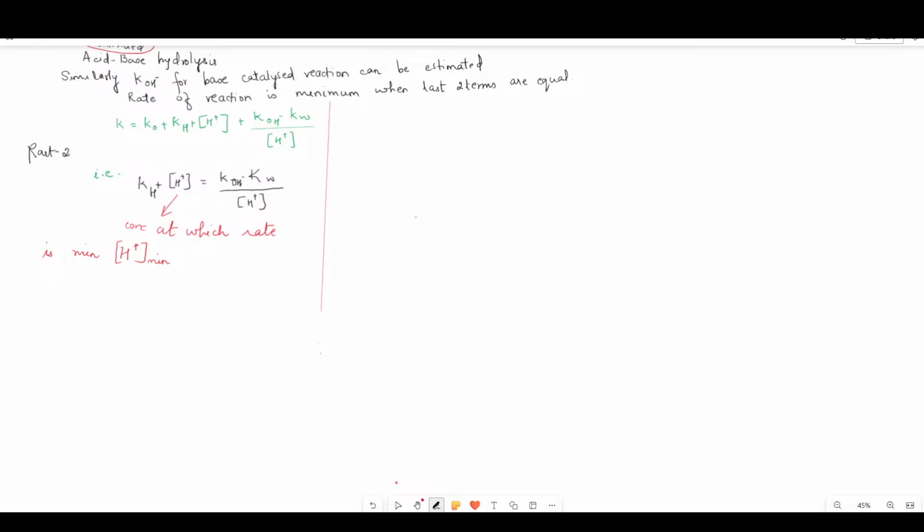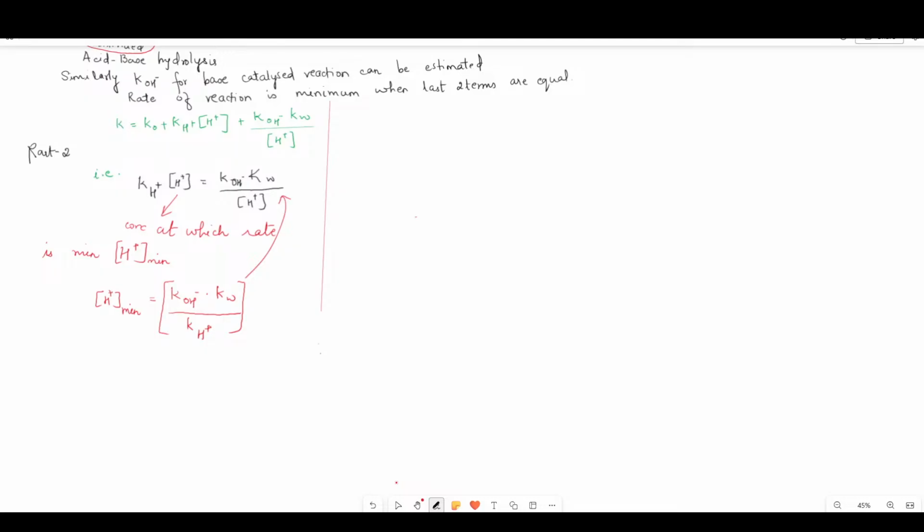So this equation will get converted into [H+]min is equal to k_OH- into Kw divided by k_H+, and the whole term is under root.